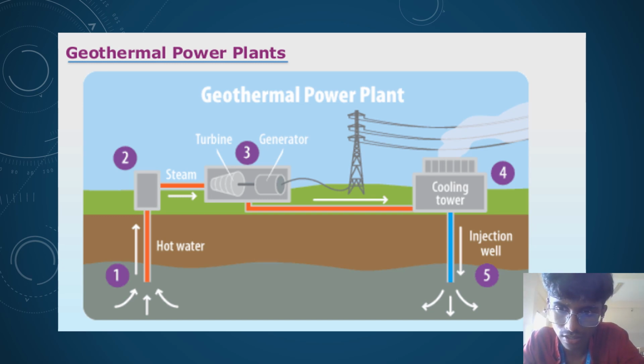The generated electricity is supplied to households, or depending upon the usage, from the generator to power plants. The remaining steam enters the cooling tower, where the steam is converted to water, and this water is injected directly back into the ground. This is about geothermal power plants.